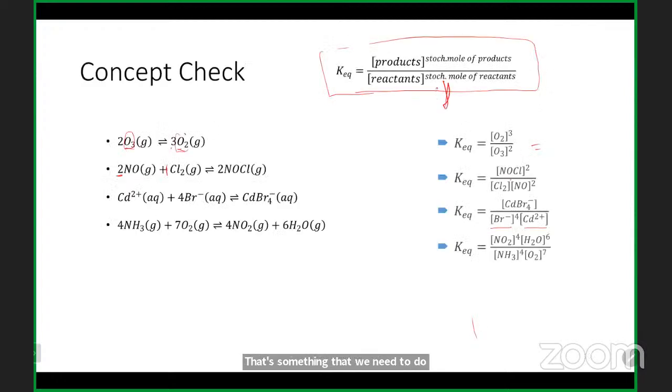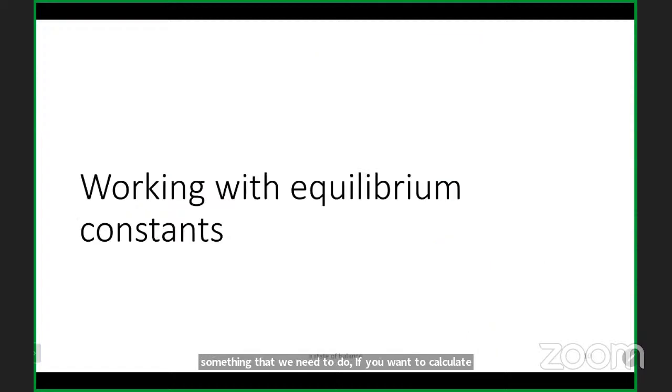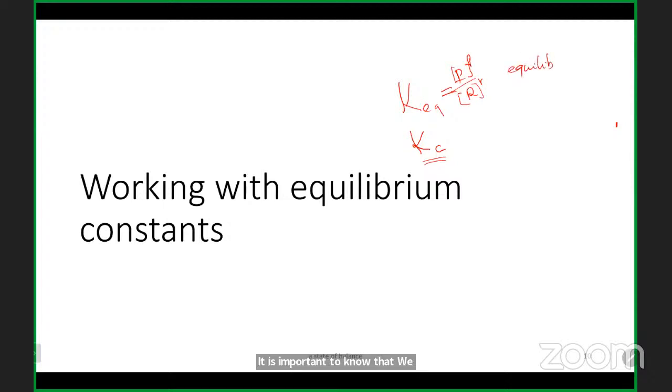If you want to calculate K equilibrium, I don't know why my slides are not obeying me. In some textbooks they write it as Kc. K equilibrium is the concentration of products raised to power p over the concentration of reactants raised to power r. It is important to know that we need to work with equilibrium concentrations, not just any concentration, but equilibrium concentration.